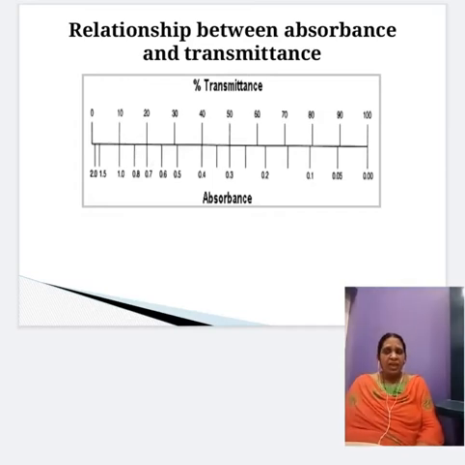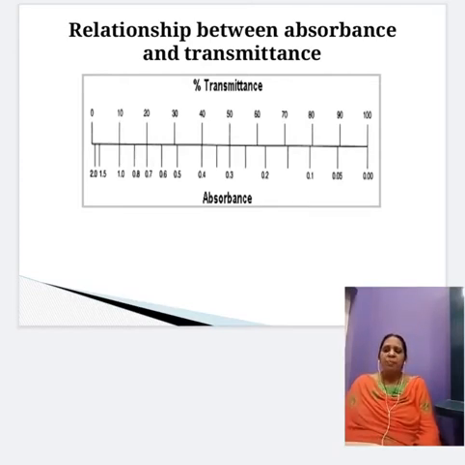Okay, so if all the light passes through the solution without any absorption, then absorbance is 0 and percentage transmittance is 100%. If all the light is being absorbed, then percentage transmittance will be 0. Okay, if all the light is absorbed, then there is no transmittance.